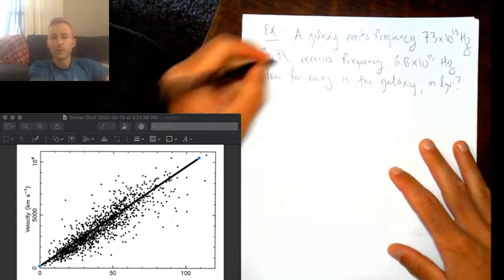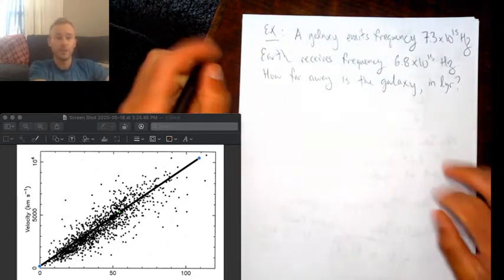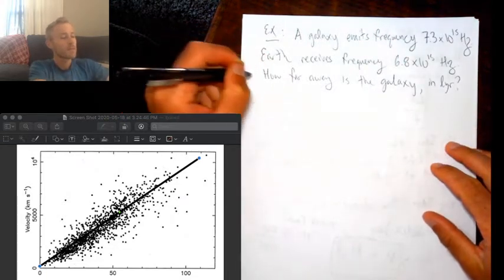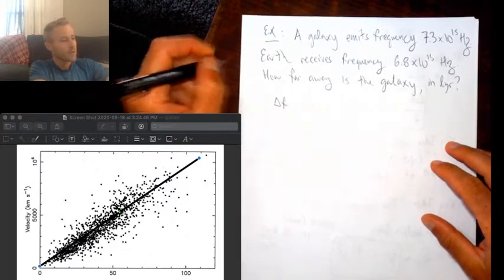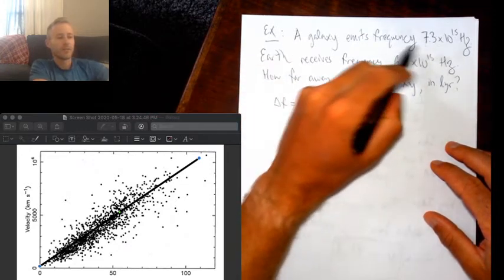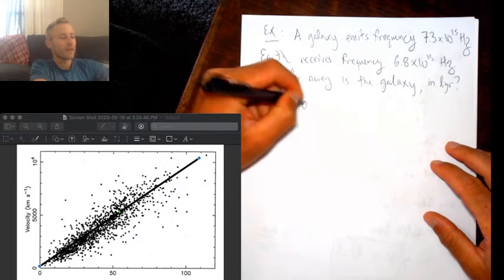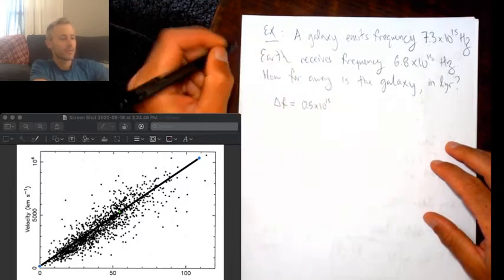So, first thing we want to do is figure out how fast the galaxy is moving away from us using the formula for redshift. So the change in frequency is 7.3 minus 6.8, that's 0.5 times 10 to the 15th hertz.